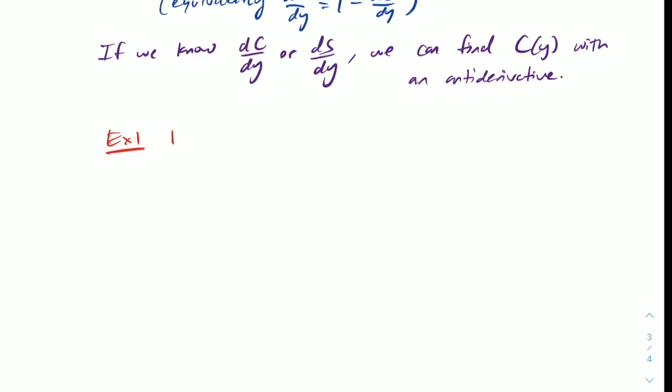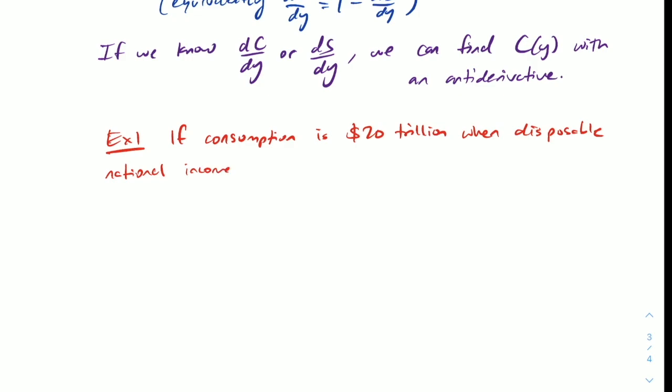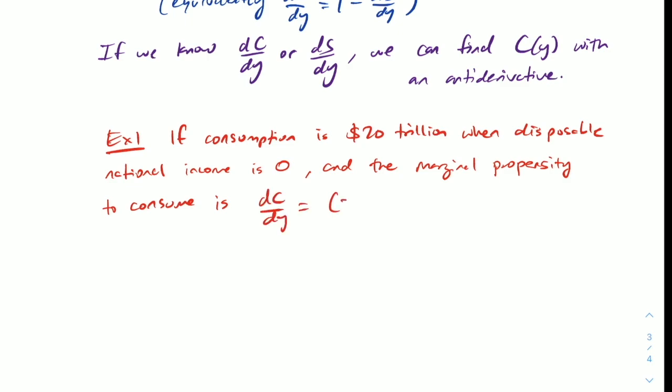So let's say national consumption is 20 trillion when the disposable national income is 0, and the marginal propensity to consume is dC/dY equals (2Y plus 81) to the negative 0.25 plus 0.8.